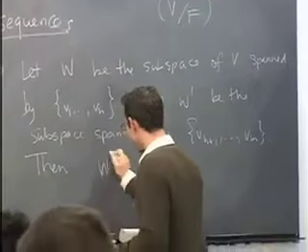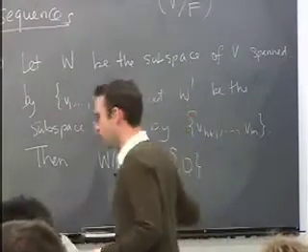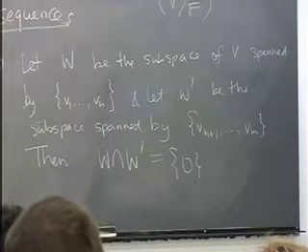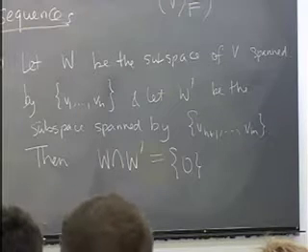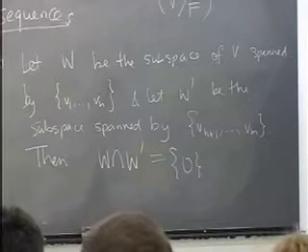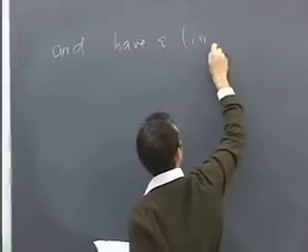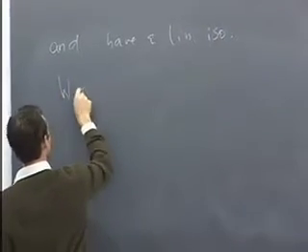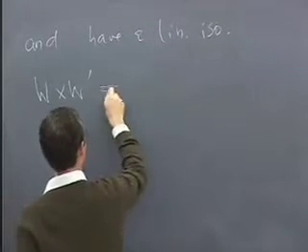First of all, the intersection of these things is 0, but that's not really a major result. The point is more the thing that I'm about to write down, which takes advantage of that fact, which is, we have a linear isomorphism between the product of W and W prime. What's the product?